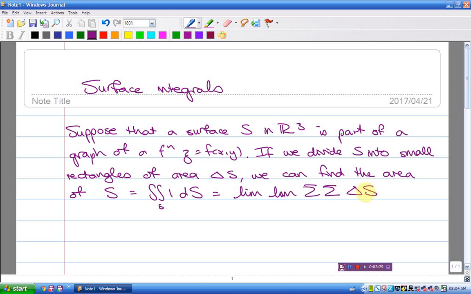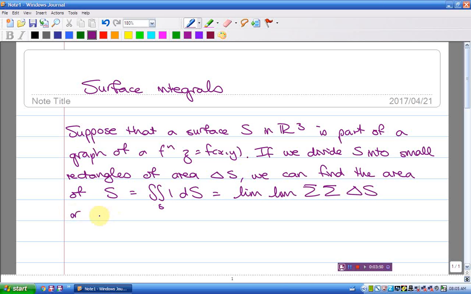I'm being sloppy there, I'm not putting in any of my little things written underneath it. But basically what's going on is exactly what went on with double integrals. We take our surface, we chop it up into lots of little rectangles, and each little rectangle has an area. And then that double sigma is adding up all of the areas to get the total area.